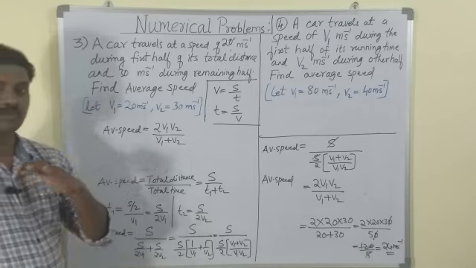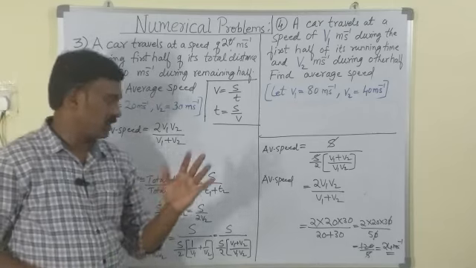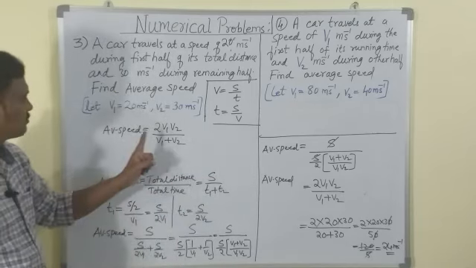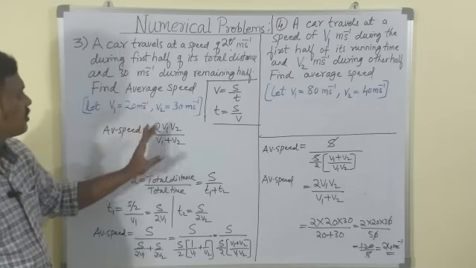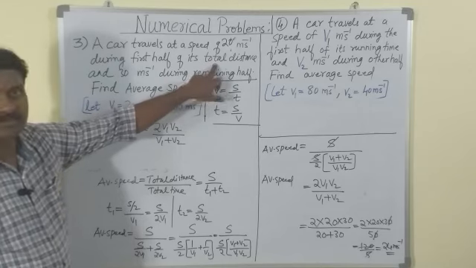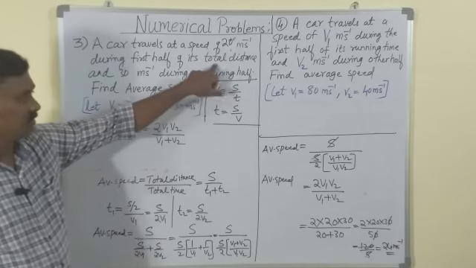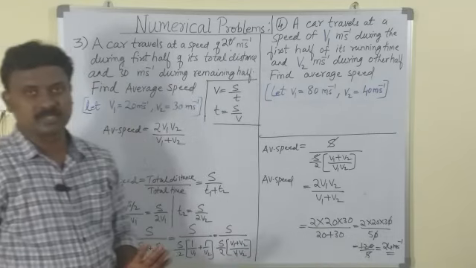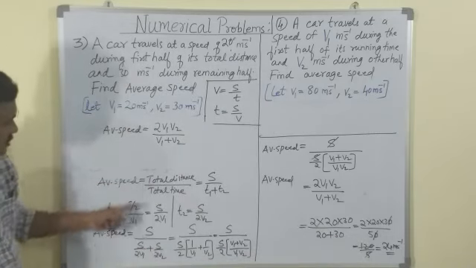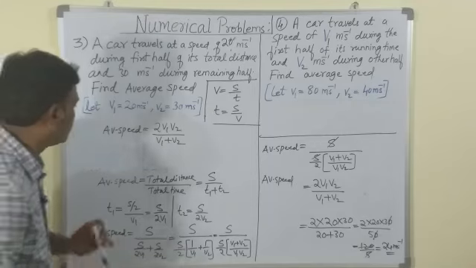There is no need of finding total distance and total time and finally working this out again. You use this formula when we are talking in terms of total distance halves. When you apply it directly, you get 24 meter per second. I hope you understand the total explanation here.